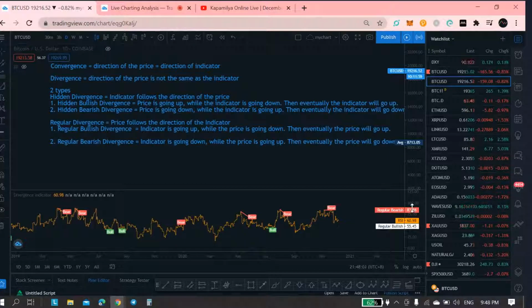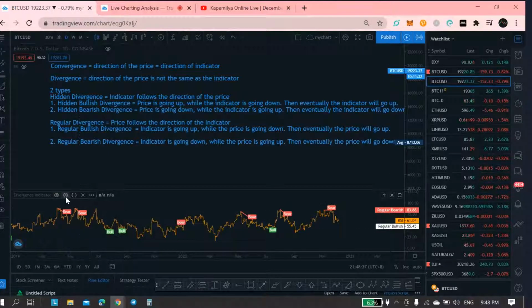But since we have the indicator here, regular or even hidden, we can also use this, because the regular bearish area is the same as the hidden bearish area. I'll just put the regular bearish here.